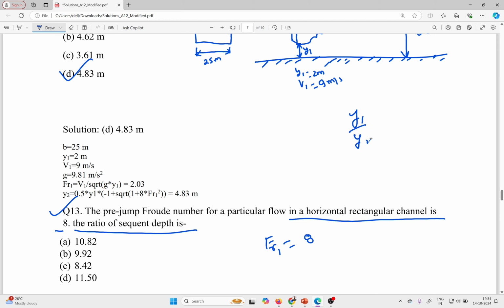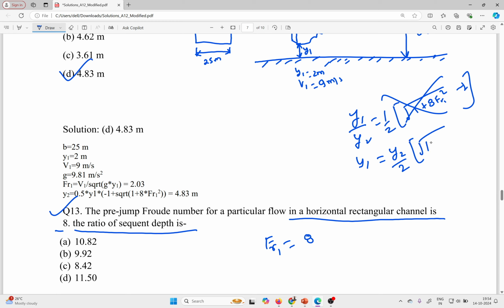Sometimes you can forget the formula. 1 plus 8 Fr1 square minus 1, this will be wrong, because if y1 is above and you modify this formula as y2 by 2, this is wrong because here is y2, here should be Fr2. If this is Fr2, that will be correct.